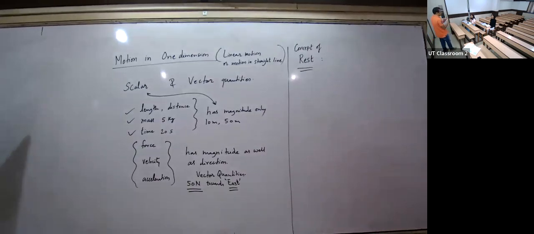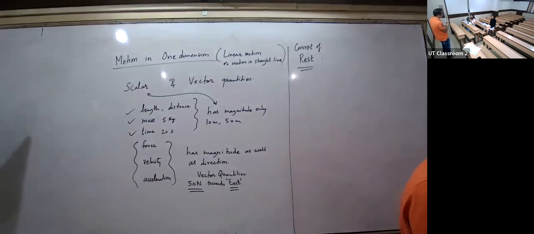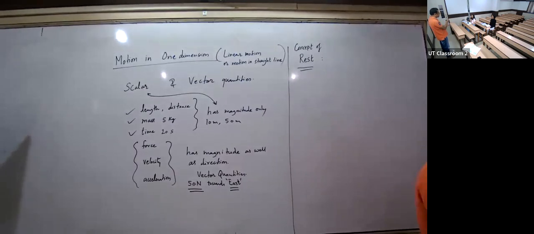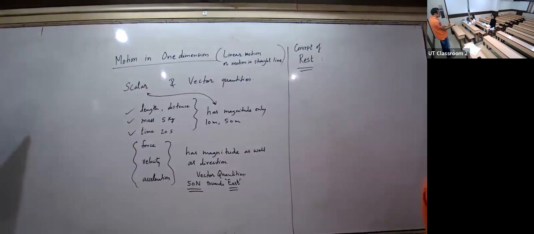What is happening with me and with you? No movement. So movement से क्या होता है? Change of position. When your position is not changing with respect to your surrounding, you are at rest.